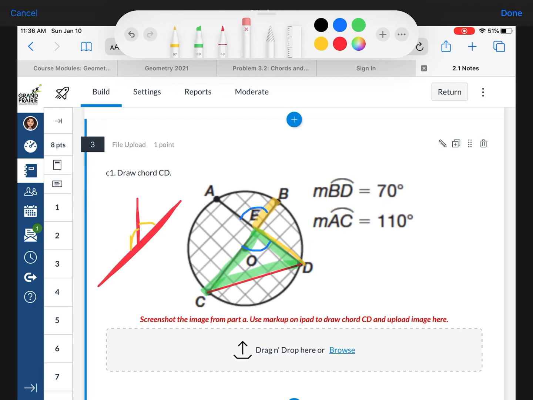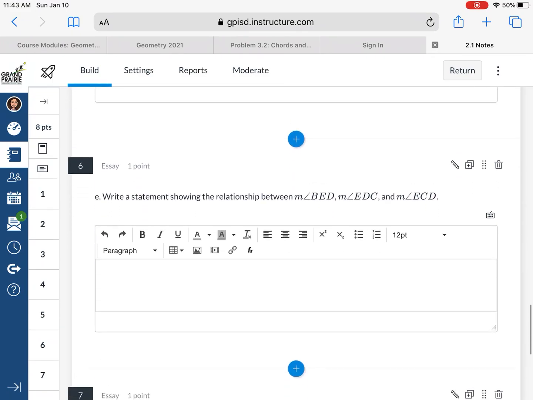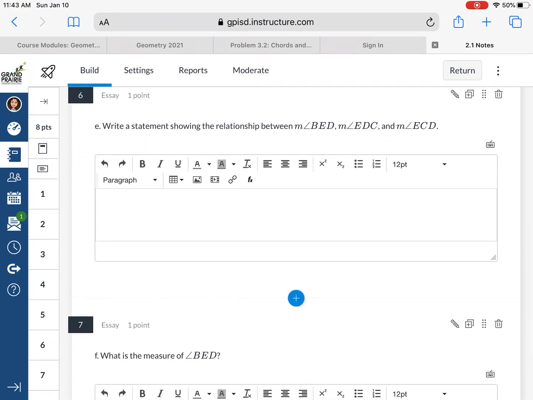So you could type in any of the information I just said. We can say that angle BED and angle DEC are supplementary. They add up to 180. So those are some observations using information we learned from last semester.